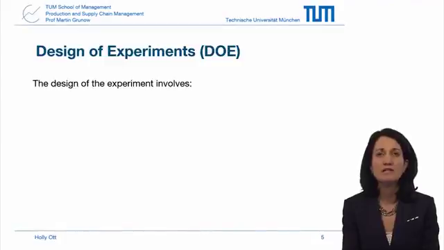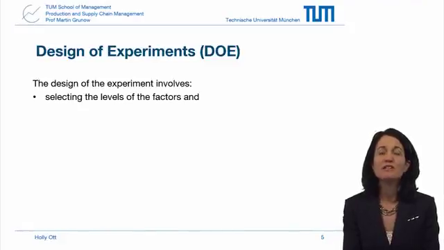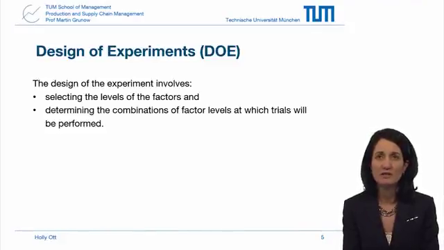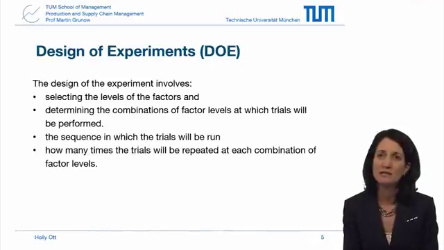The design of the experiment then involves selecting the levels of the different factors and then determining the combination of factor levels at which we should perform trials, or in the lawnmower case, mowing the lawn. We also want to determine the sequence in which the trials will be run and how many times trials will be repeated at each combination of factor levels.